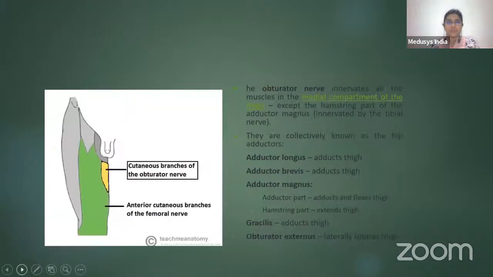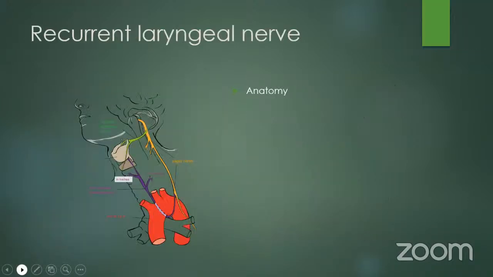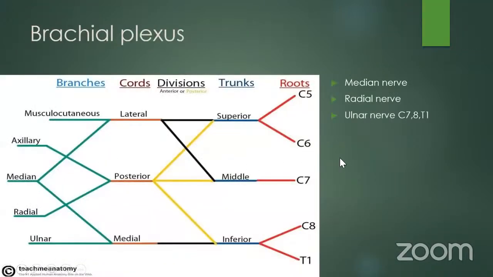Brachial plexus is formed by C5, C6, C7, C8, and T1. Sometimes it starts with C4, when we call it prefixed, and sometimes it includes T2, when we call it postfixed.